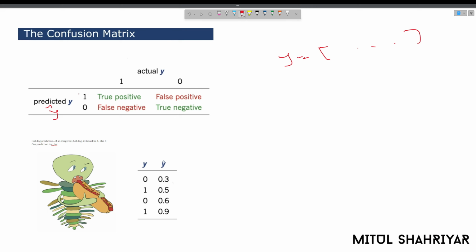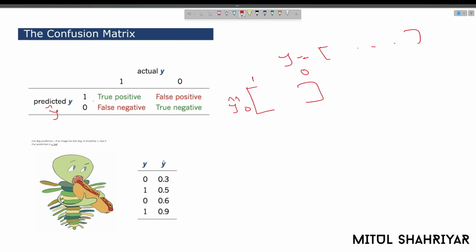So in machine learning, there is something called a confusion matrix, where we create a matrix for actual y, once we have 1 and 0, that means the value should be 1, the value is true positive, and that's false positive, and predicted y. We just create a matrix to understand how correct we got our output, and so the predicted y hat is here, y is here, 1 and 0.